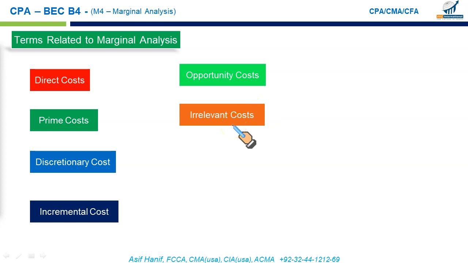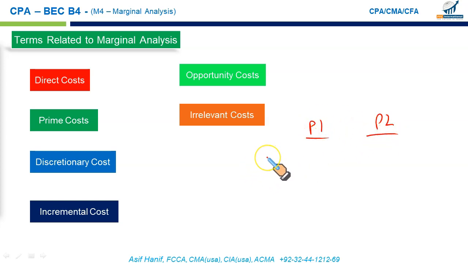Then irrelevant costs. As the name suggests, these costs are not considered. They are ignored in decision making. Why? Because these costs do not change among alternative options we have. Like for example, we have a project 1, project 2. We can take any of these 2 projects.